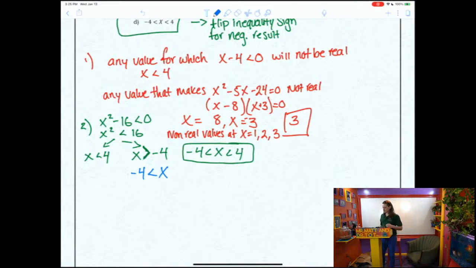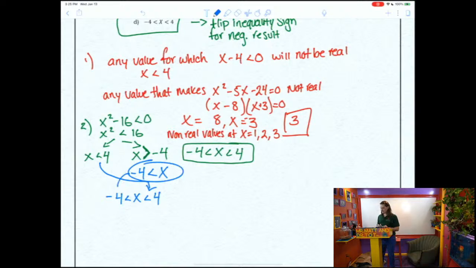That allows you to clearly put these two parts together into a compound inequality: negative 4 is less than x, which is less than positive 4. This one goes here, and this one goes on the left. So the answer to number 2 was answer selection D.